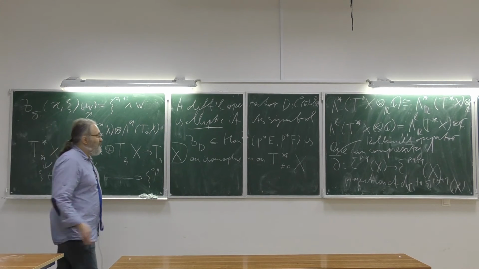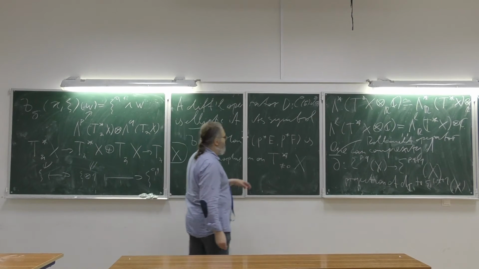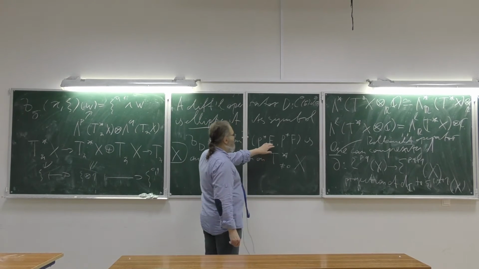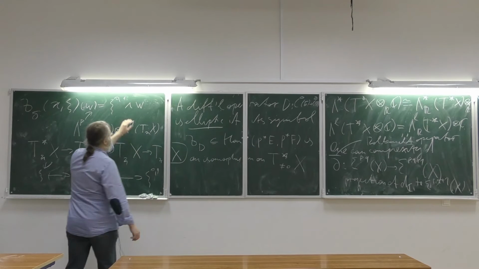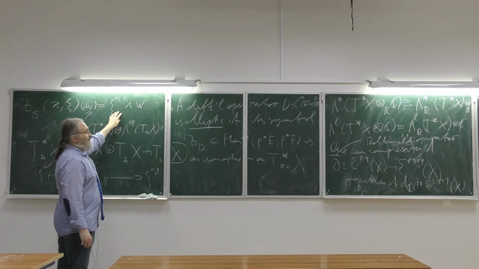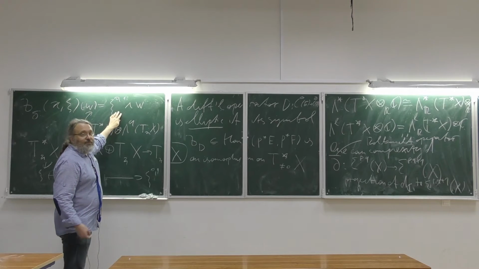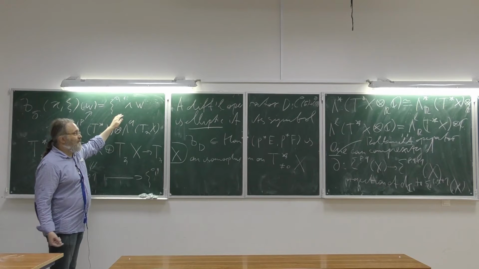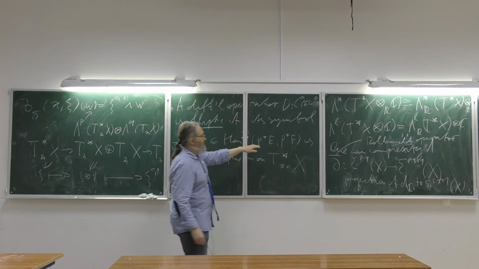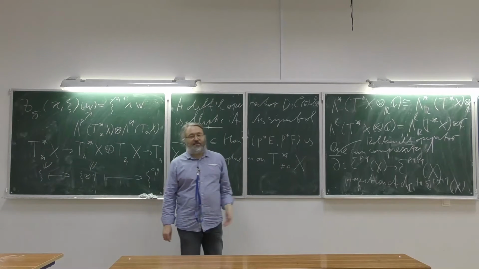What does this mean? Well, let's recall that the symbol depends on psi. And we want that for every psi non-zero, the map which we have should be an isomorphism.